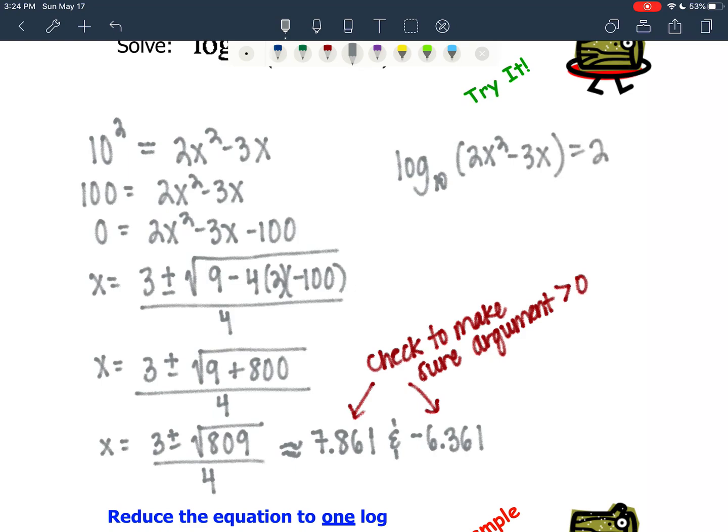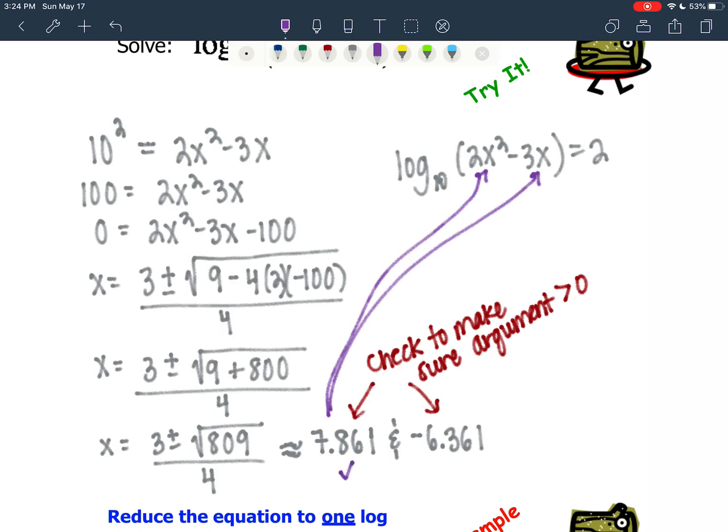If I take this positive 7.8 and I put it in, it's about, let's just say 8. 8 squared is 64. 64 times 2 is 128. 8 times negative 3 is negative 24. 128 minus 24, that's a positive number.